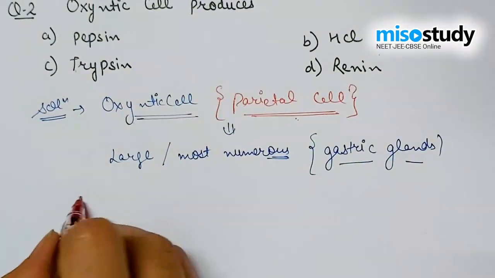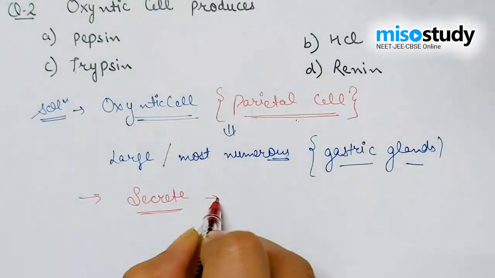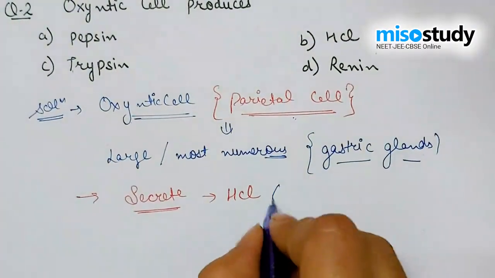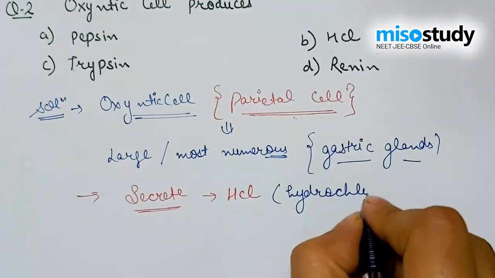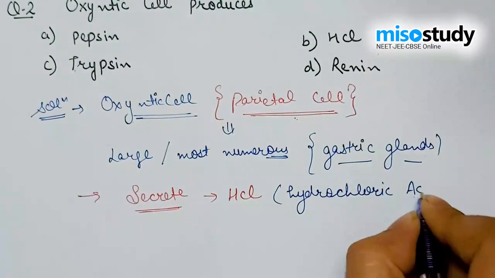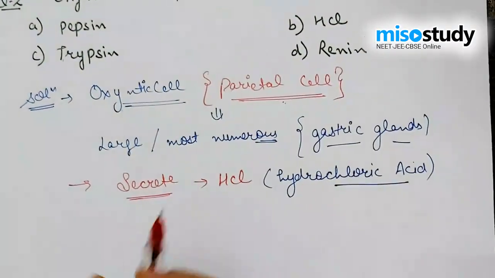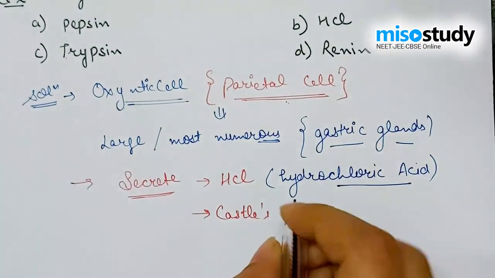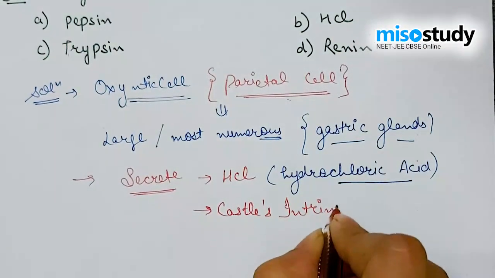They generally secrete HCl, which is hydrochloric acid, and the next thing they secrete is Castle's intrinsic factor.